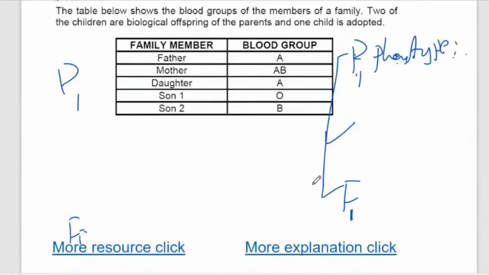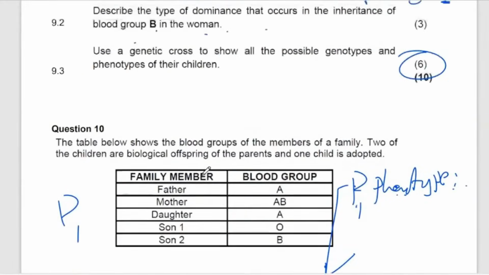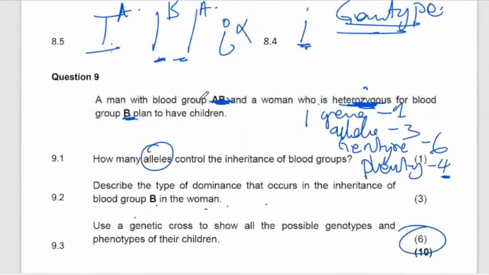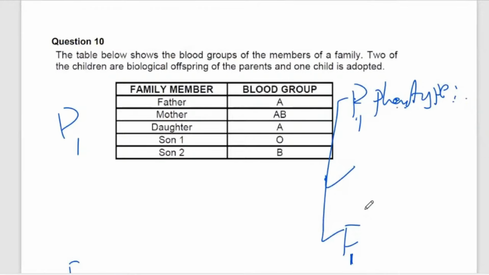So you say P1, F1, we give you a tick. Now you tell us the phenotype: a man of blood group AB times a lady of blood group B. That's all. Then we give you another tick, because you have identified it, but you always get it from the question. That's the second free mark.